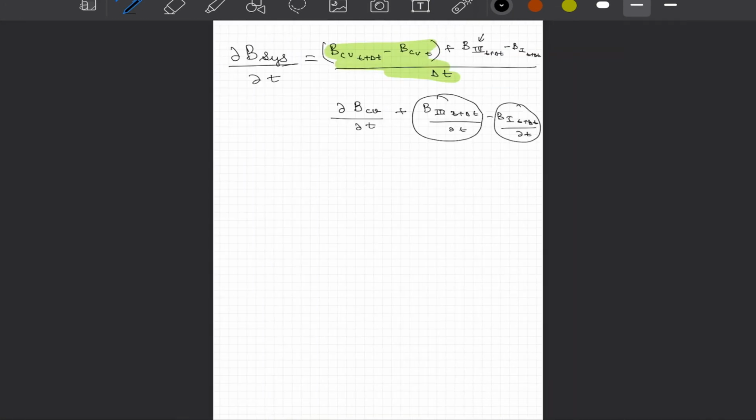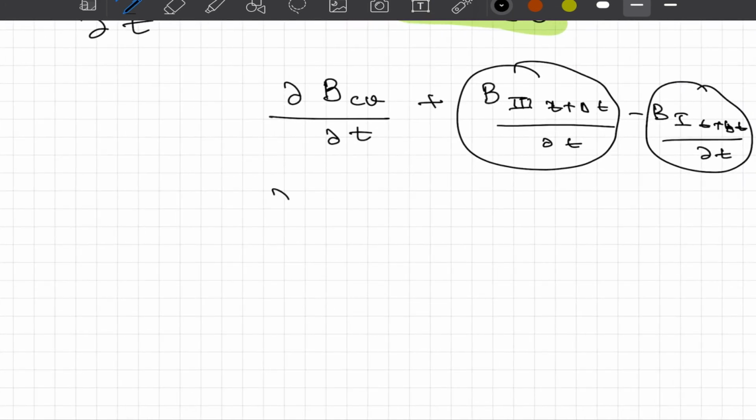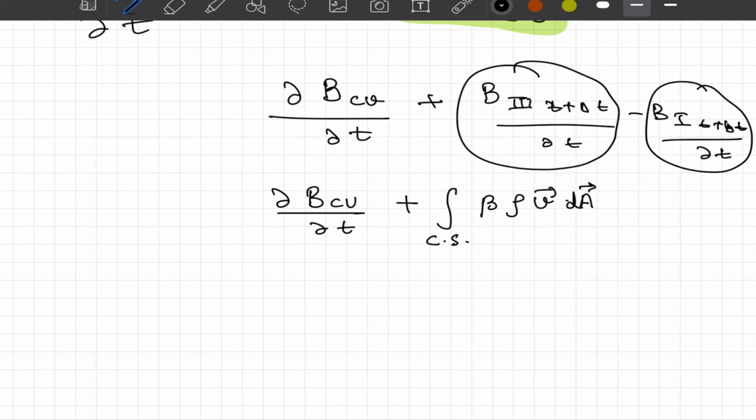So we can write that in case of 3, since the normal vector to area and velocity are aligned with each other, this expression can be written as integral over control surface beta rho v times dA, where dA is the area of that small tube that we were considering.